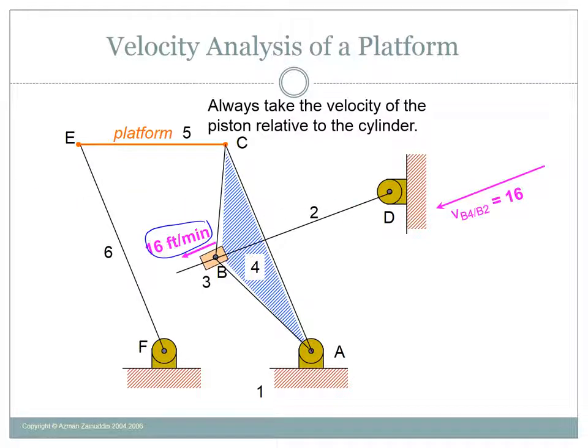So this is VB4 relative to B2. VB4 equals VB2 plus VB4 relative to B2. So this is VB4, a vertical line.